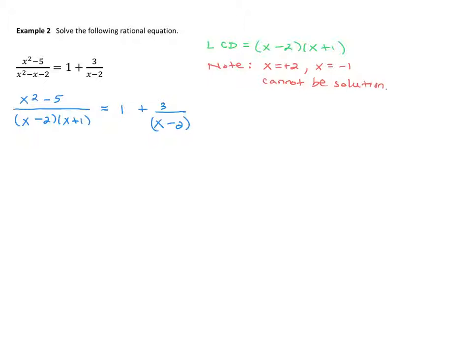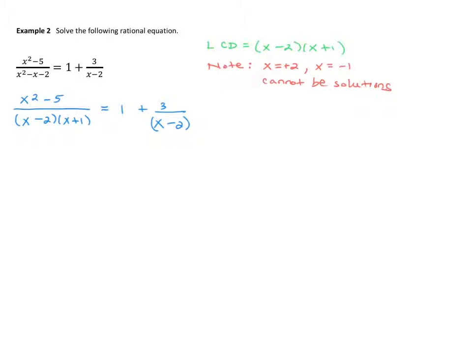And I'm just making note of this from the fact that if you were to put 2 in place of this x, 2 minus 2 is 0, and you cannot divide by 0. Likewise, -1 in place of this x, -1 plus 1 is 0. 0 times this piece is going to be 0. Any number that makes a denominator 0 cannot be used.